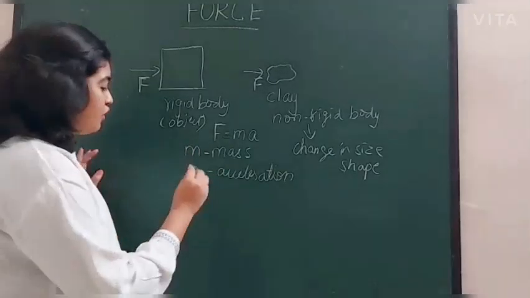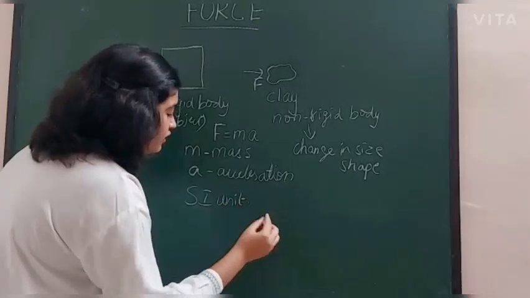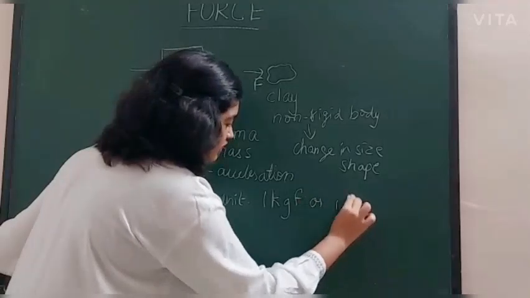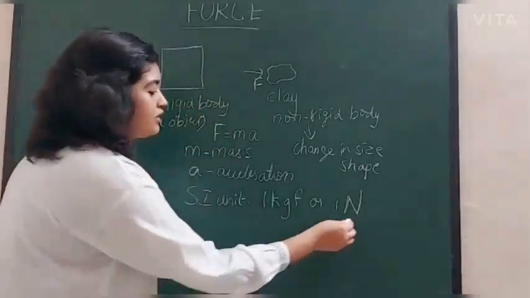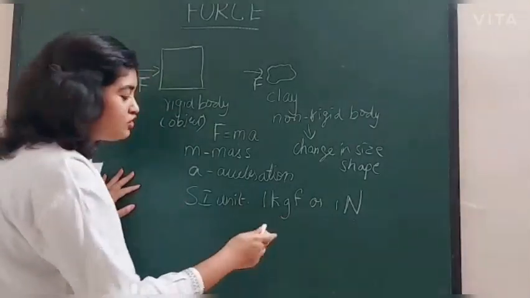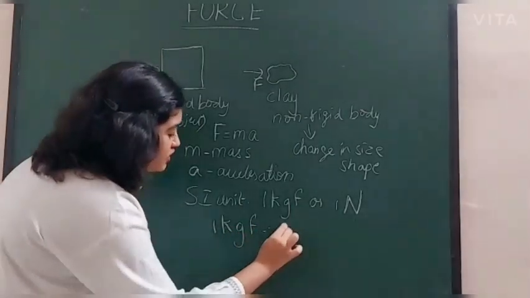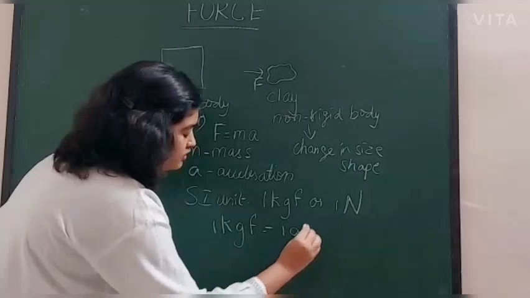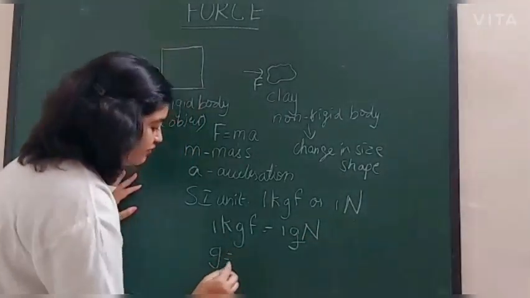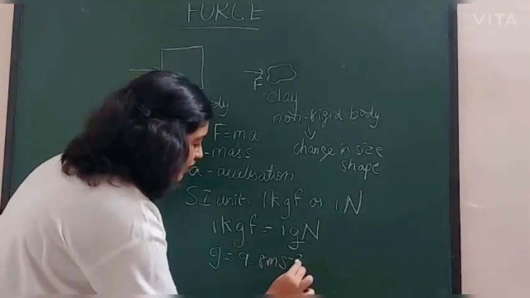amount of force. So force has units, which SI unit is 1 kgf or 1 Newton. So generally we represent force in SI unit in terms of Newton and also in terms of 1 kgf. So the relationship between 1 kgf and 1 Newton is 1 kgf is equals to 1 g Newton. g over here is acceleration due to gravity and the value of it is 9.8 meter per second square.